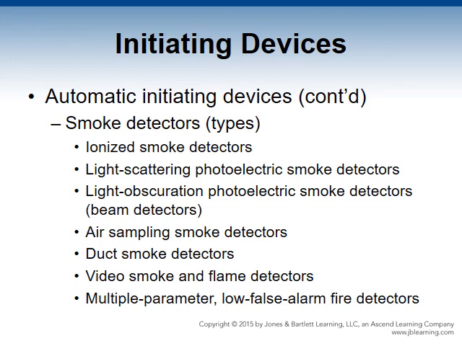Light-obscured photoelectric smoke detectors, also known as beam detectors, project a beam of light to a receiver that spans a protected area, setting an alarm off when the receiver senses a reduction in the light intensity. The protection range can exceed 300 feet long by 60 feet wide.